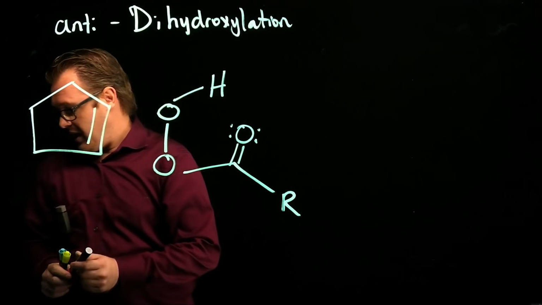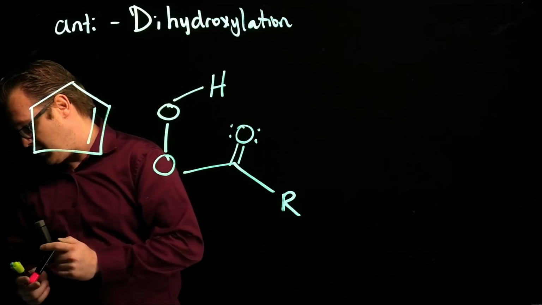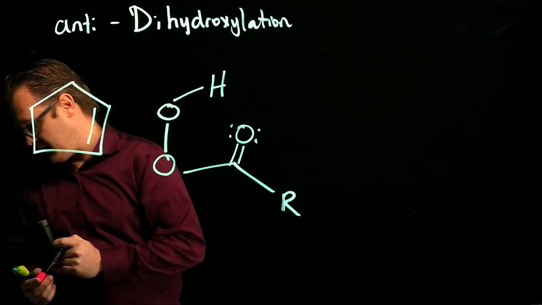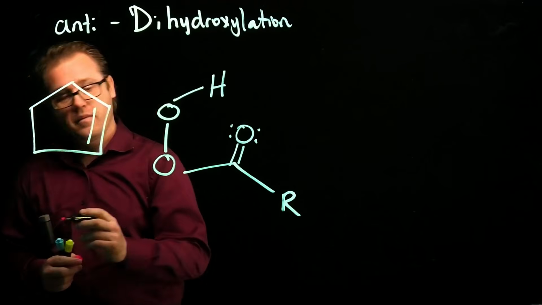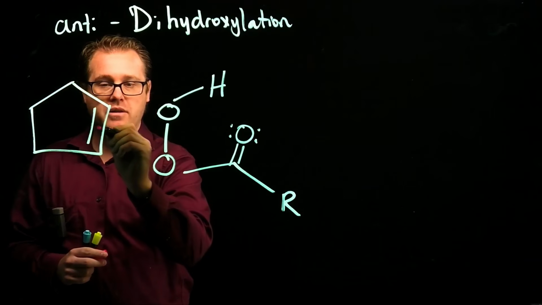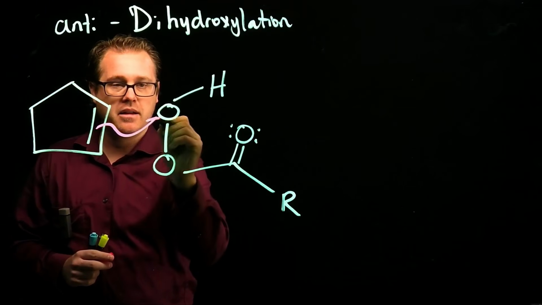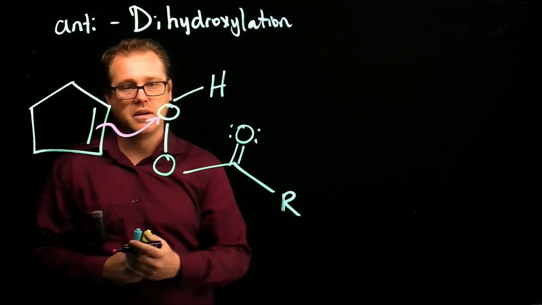So the first arrow here, since there's 5 arrows, let's get this right here. So this pi bond right here is going to come in and attack that oxygen like so. Okay.